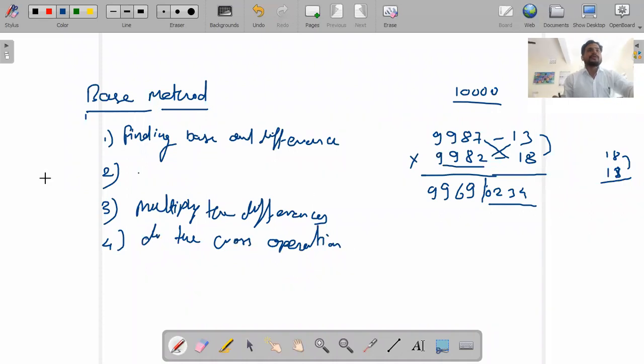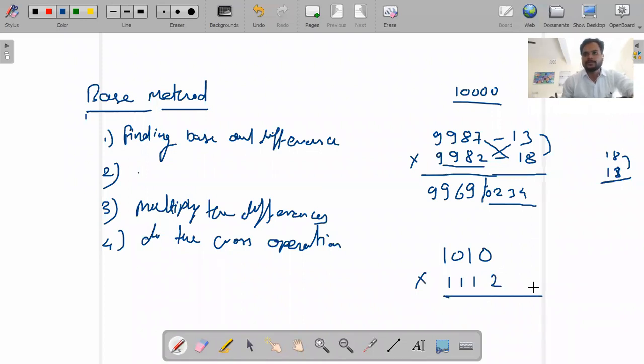These are the steps for the multiplication of two numbers using the base method. If we observe these two numbers, both are below 10,000. Now if we consider one more example, say 1010 multiplied with 1012.